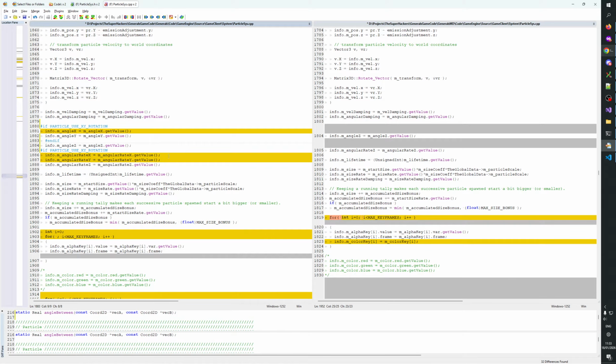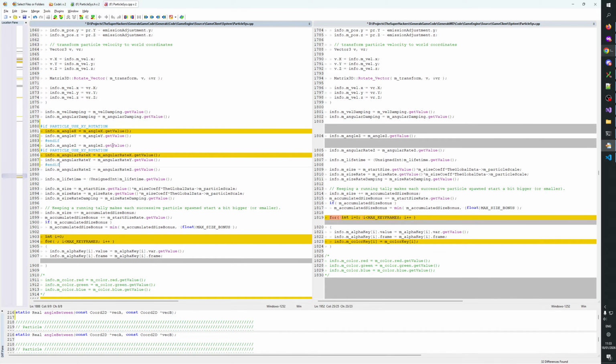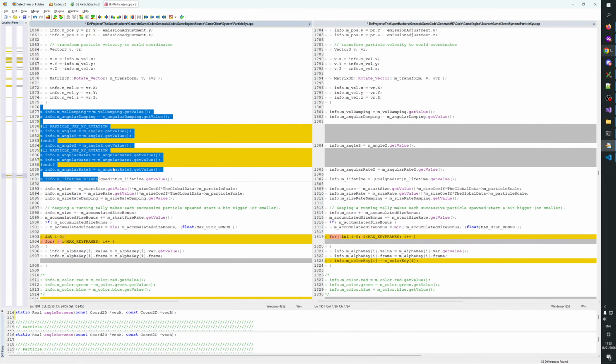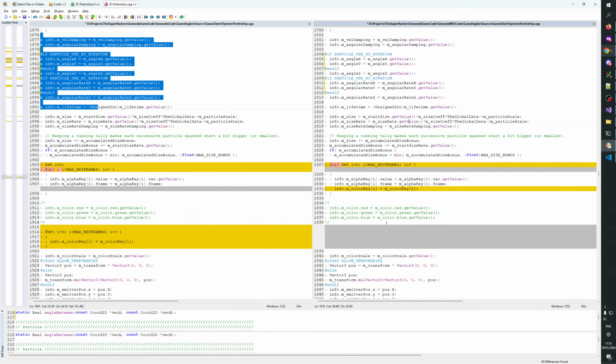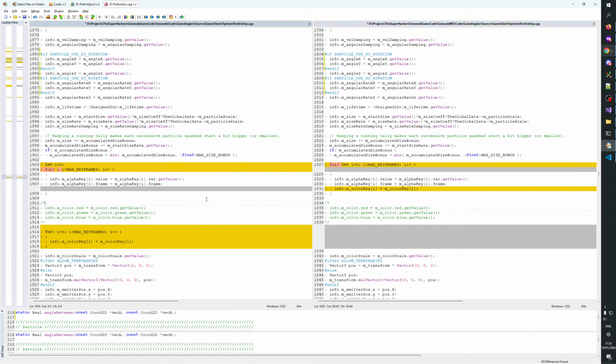And if, and if. Okay. Okay, that's fair enough. What about this one here? Int i, for int i max keyframes.